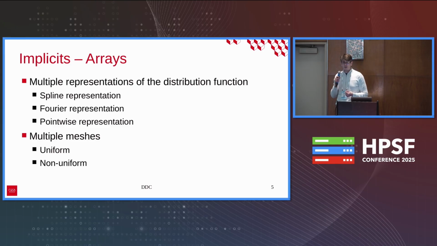And all of that only appears as arrays in the source code, making it difficult to know what representation is expected when calling functions. Same question with the meshes that take the form of arrays, whether they are uniform or non-uniform. And it's difficult, reading the source code, to know whether a uniform or non-uniform mesh is expected.